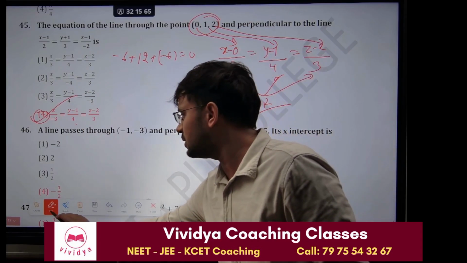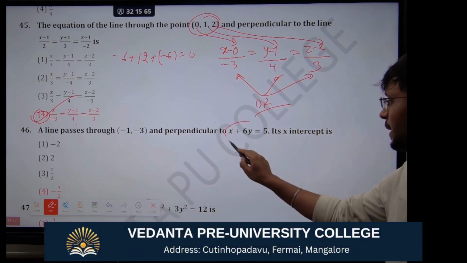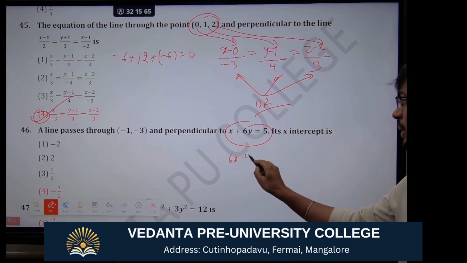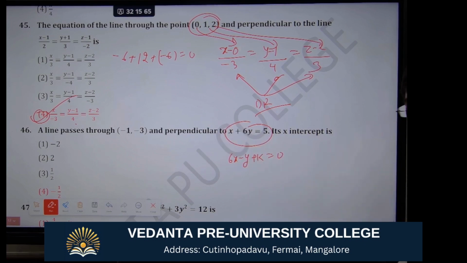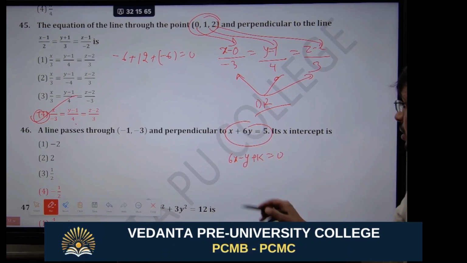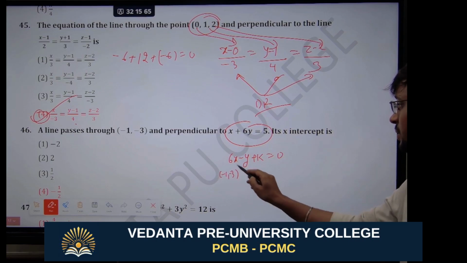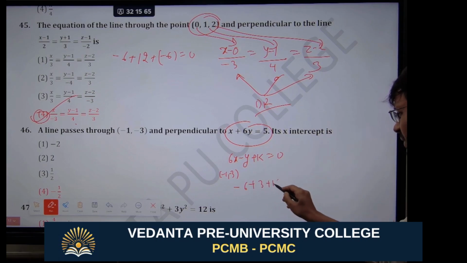Again, see, very easy question. A line is passing through this point perpendicular to this. Any line perpendicular to this, the equation will be 6x minus y plus k equal to 0. Yes or no? And since this is passing through minus 1 comma 3, it will satisfy: minus 6 minus 3 plus k equals 0.